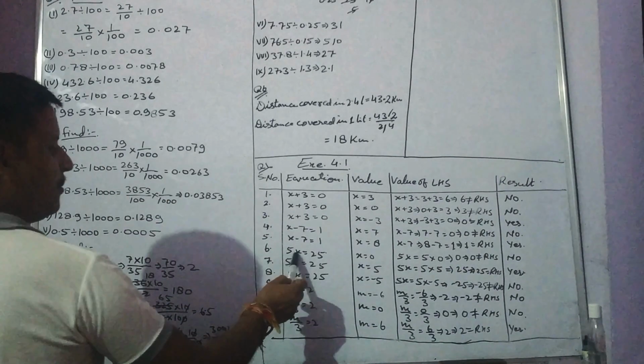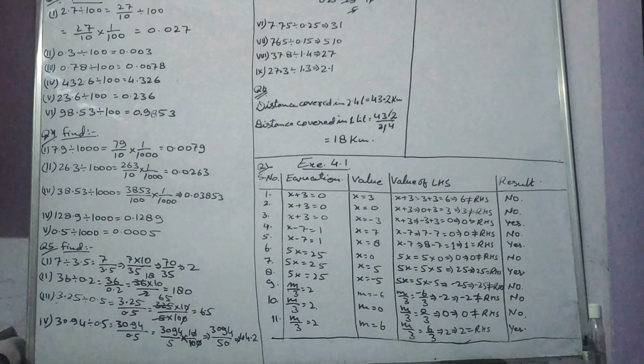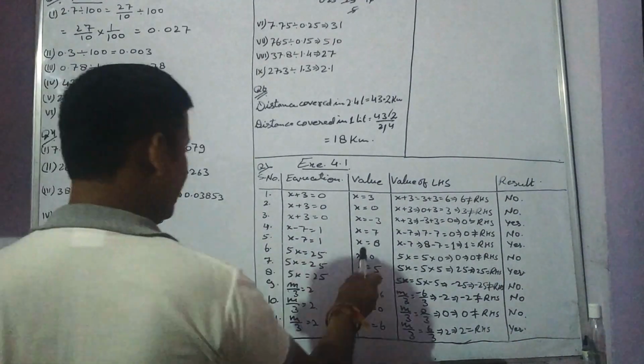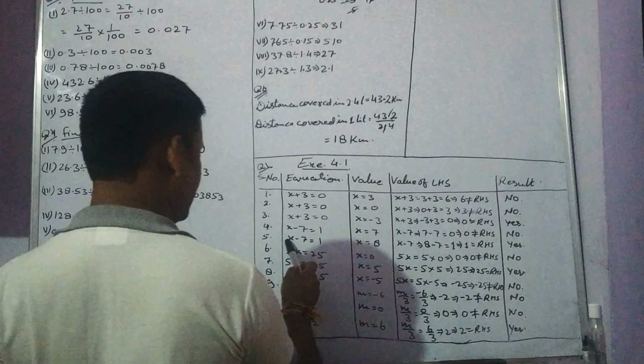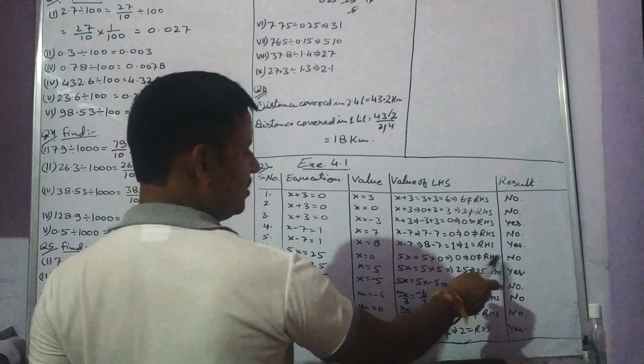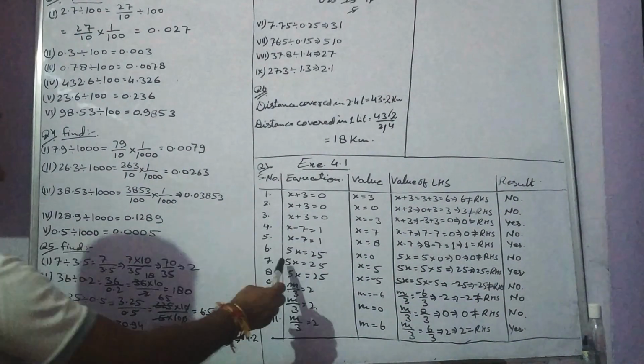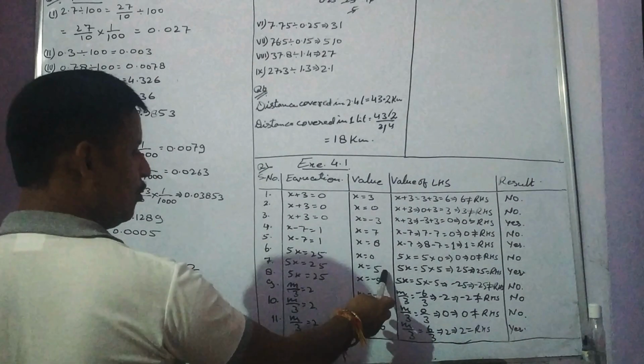Next is 5x equals 25 and the value of x is 0. Whenever we put the value of x in the given equation's LHS, it is equal to 5 into 0, which is 0, and 0 is not equal to the RHS, so it is not the value here. Next is 5x equals 25 and the value of x is 5.